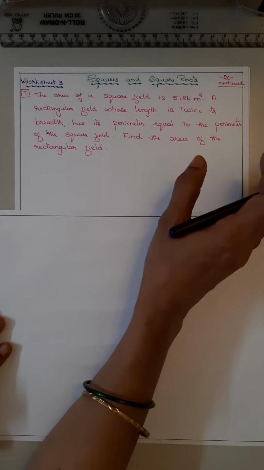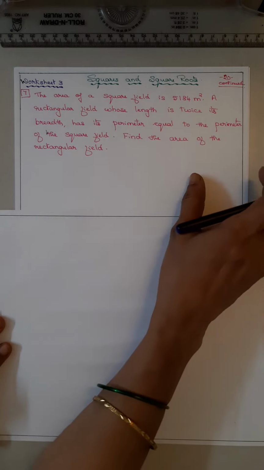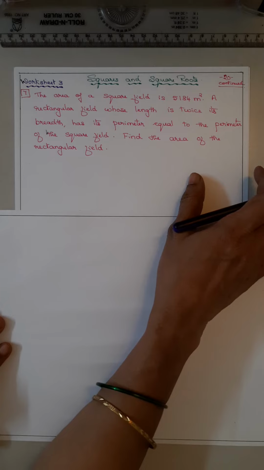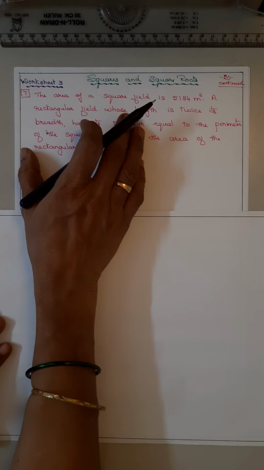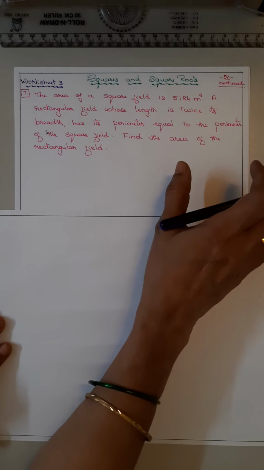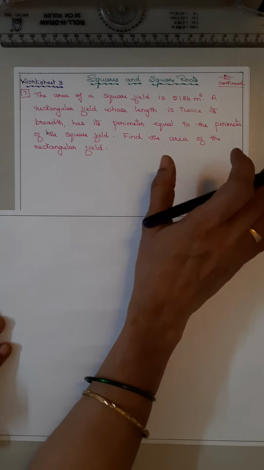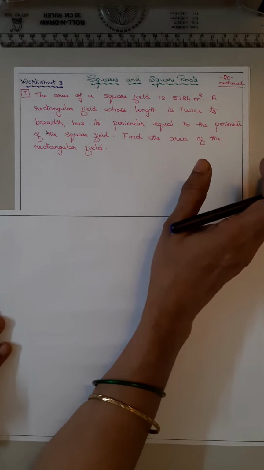So understand the question. There is a square field and there is a rectangular field. The area of the square field is given. The breadth and length of the rectangle are not given, but they have given the relationship between the two.